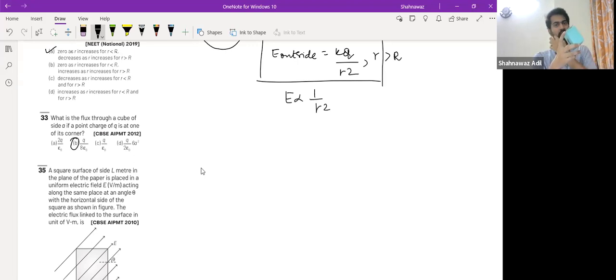We know that the electric flux through a closed surface is Q by epsilon naught. So we have to make this corner inside some surface.